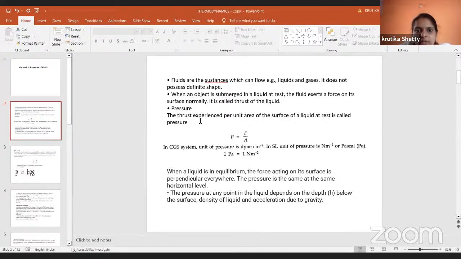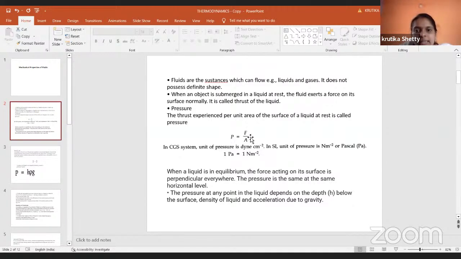Right? So here we are defining the pressure here. What do you mean by pressure? That the thrust experienced per unit area of the surface of a liquid at rest is called as pressure. So you can see the pressure is given as the force per unit area, that is F divided by A. So in the CGS unit, what is the unit of this pressure? The force is expressed in terms of Newton and the area is expressed in terms of meter square.